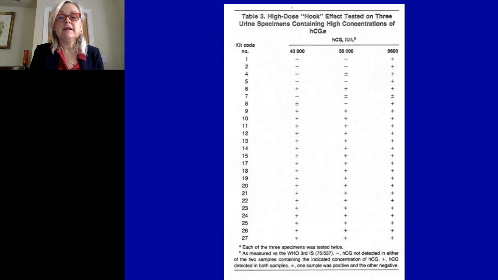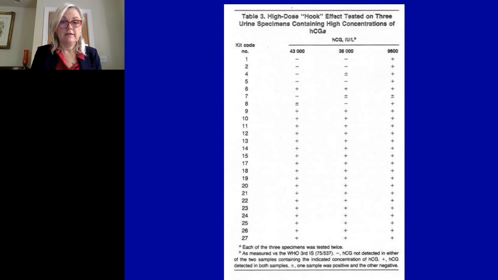Well, these tests are based on a certain amount of reagent, and in very, very high HCG levels, you can see that despite the very high levels here, over 40 or over 30,000, there are some negative tests, some negative pregnancy tests, and that is known as a high dose hook effect, where basically the amount of the analyte overwhelms the test system.